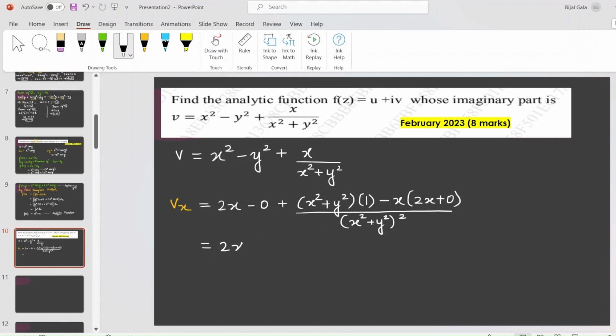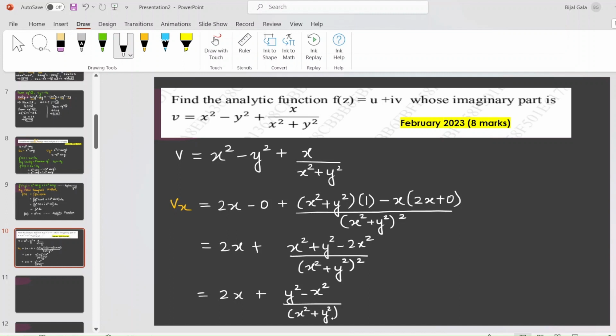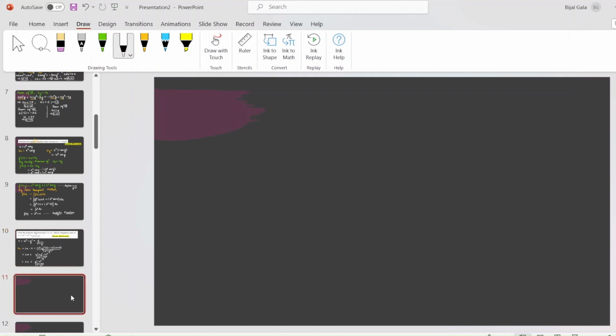This becomes 2x plus x square plus y square minus 2x square upon x square plus y square the whole square. This becomes 2x plus y square minus x square. There are two terms with x square. We have subtracted them. And so x square plus y square the whole square. Okay, so this is your Vx. Let's calculate Vy.